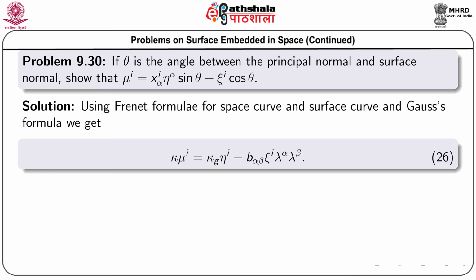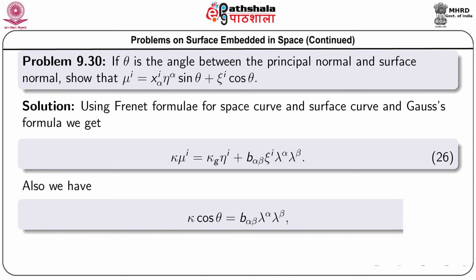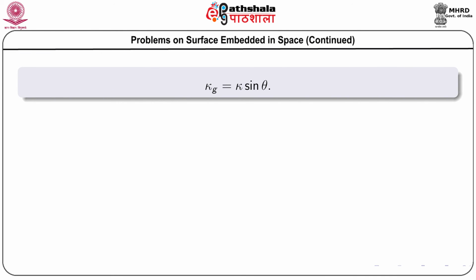This is a relation which we have obtained in the proof of Meusnier's theorem, and we also have this one, kappa cos theta equals to b alpha beta lambda alpha lambda beta, that is the expression for the normal curvature, which is also obtained from Meusnier's theorem, and this one is also obtained from Meusnier's theorem as a corollary, that kappa g equals to kappa sin theta, the geodesic curvature is equal to kappa sin theta.